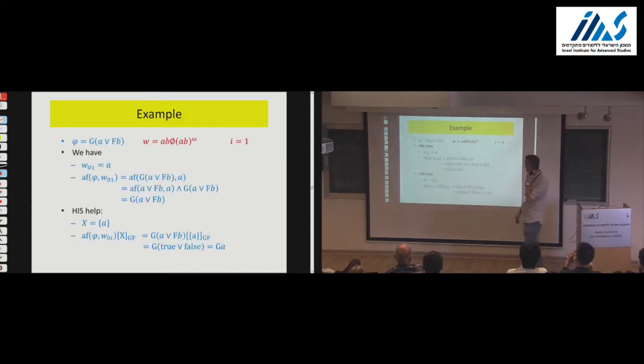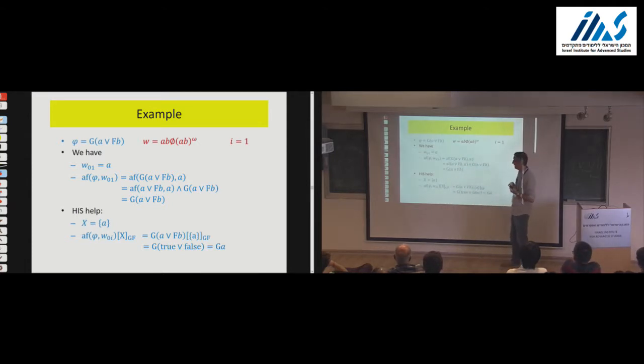Okay, and here you have another example. Imagine we take the same formula, we have a different word, and now God could have interrupted us at any moment, not necessarily a stabilization point at I equals 1, for example. And then we have that the prefix W01 is just A, and you can compute the formula that remains to be satisfied.